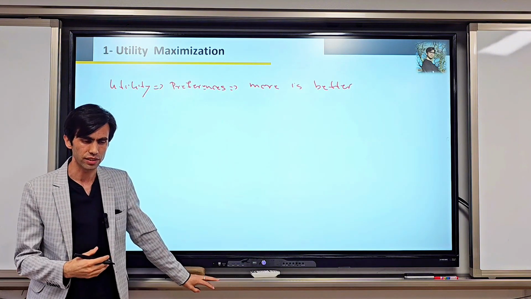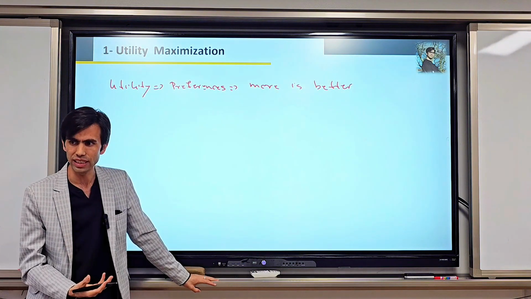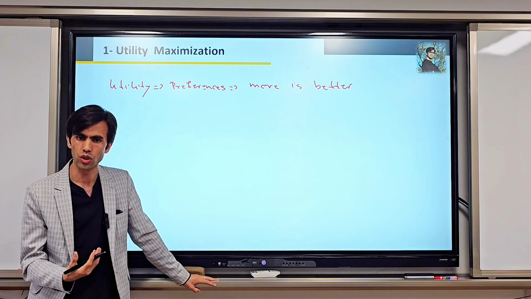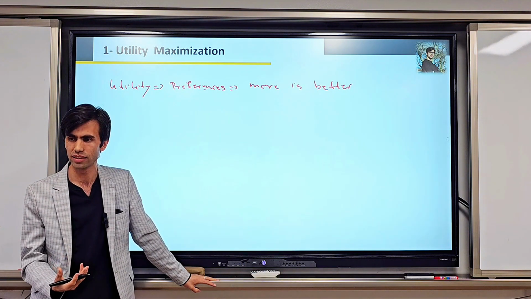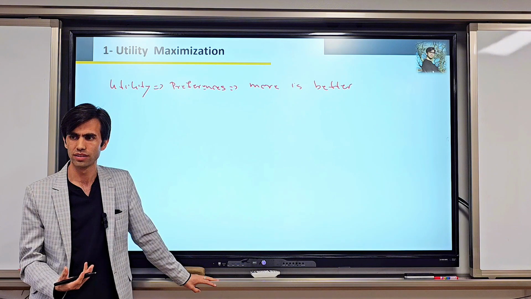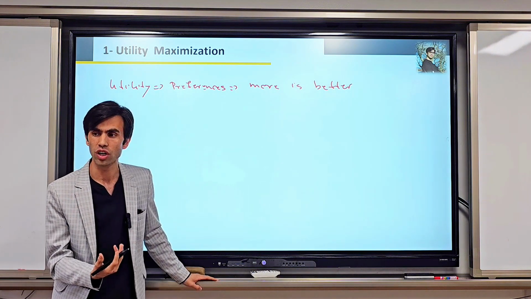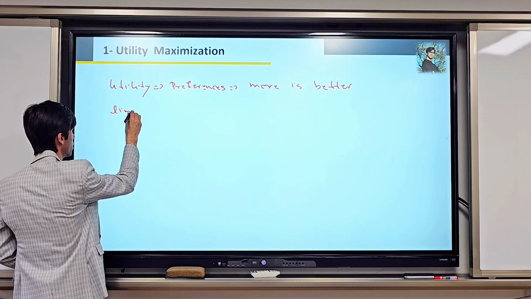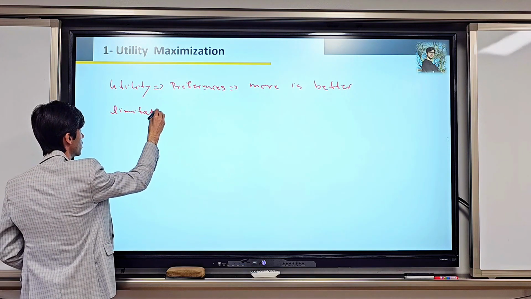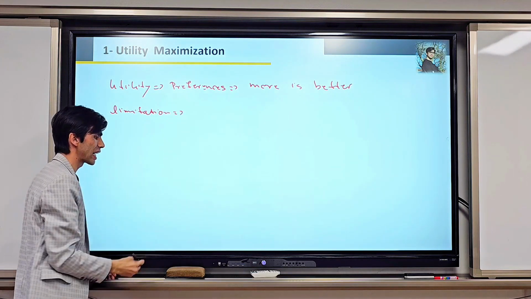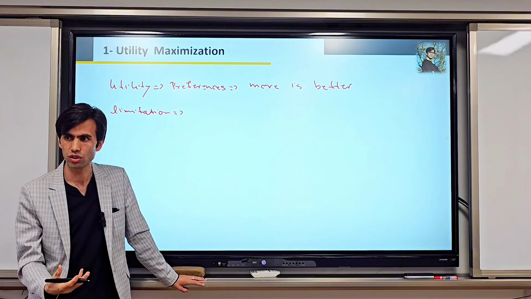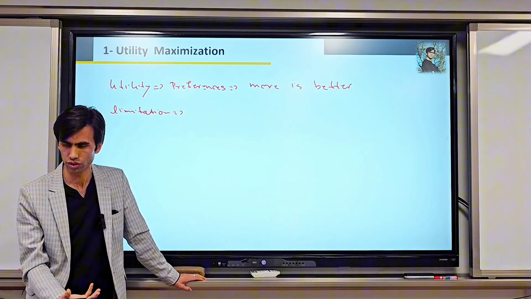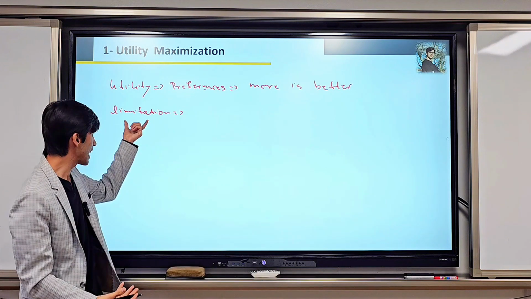But the question is, can we consume goods and services unlimitedly? No, because we have a constraint, we have a limitation. As we have limitation, we cannot consume as much as we want. What is this limitation?